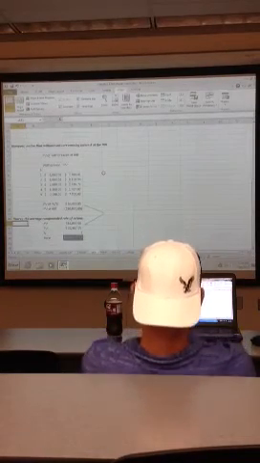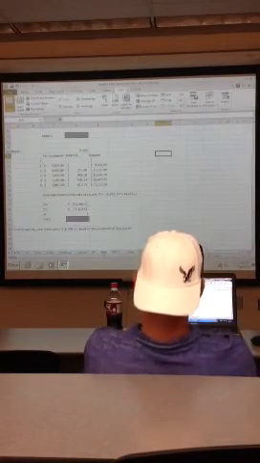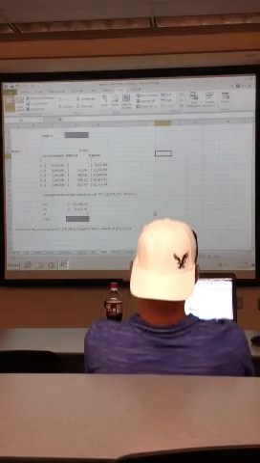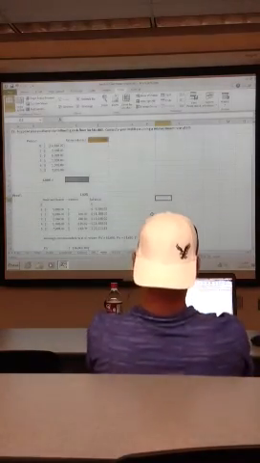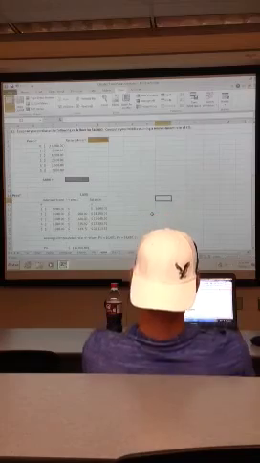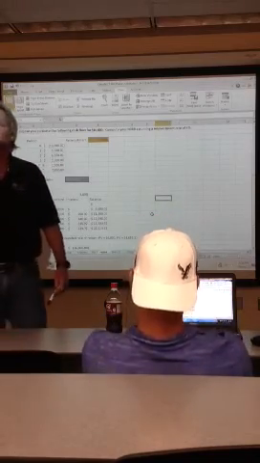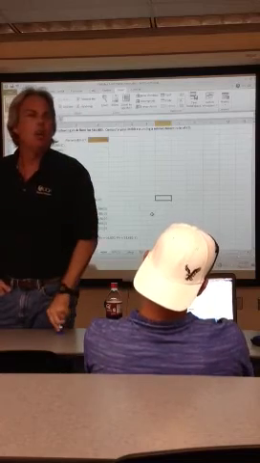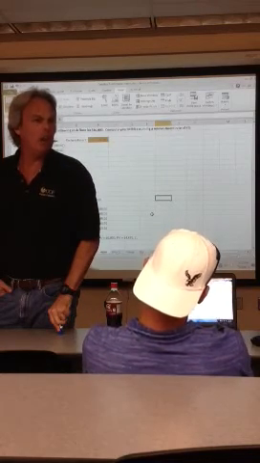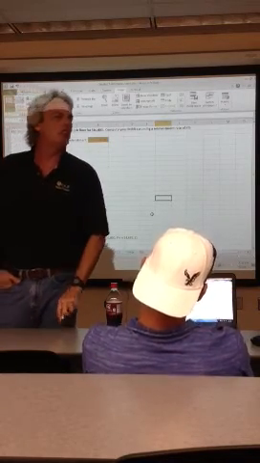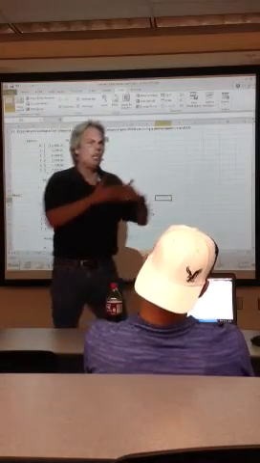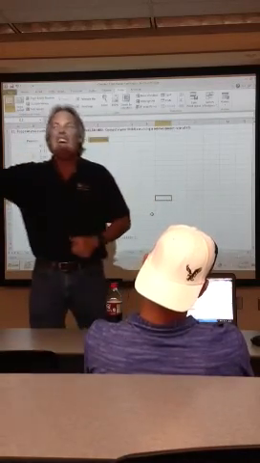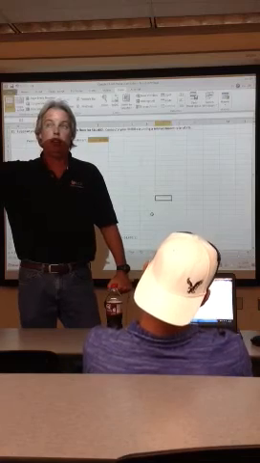Also, make sure you look at the modified internal rate of return. Because one of the disadvantages of IRR, as a reminder, is that it assumes that the payments you receive can be reinvested at the IRR. Remember that?